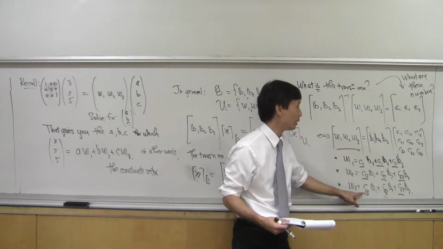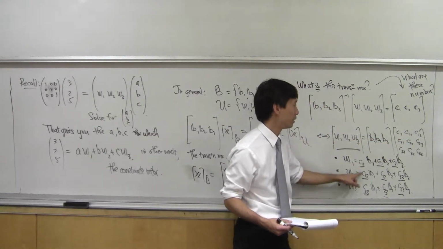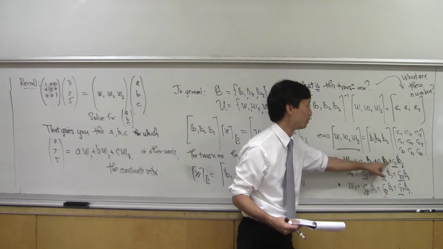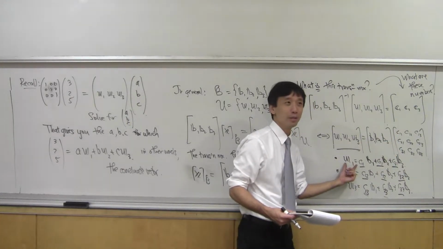C11, C21, C31 are the ones that you use for U1.